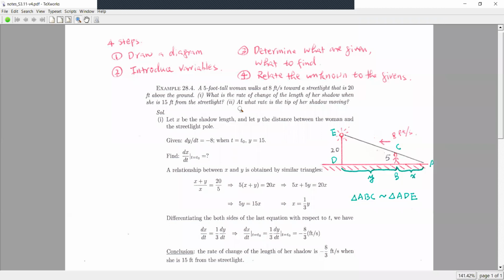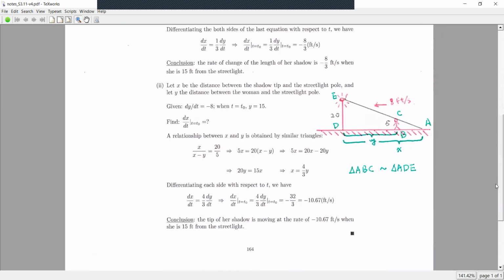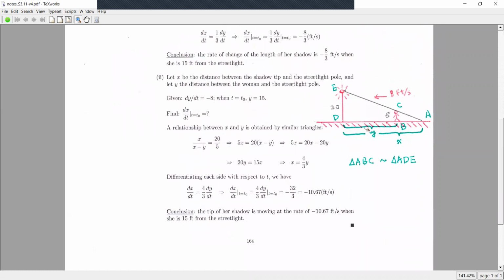Part 2. At what rate is the tip of her shadow moving when she is 15 feet from the street light? To answer this question, again, we need to draw a diagram. Here I draw the same diagram as in part 1.